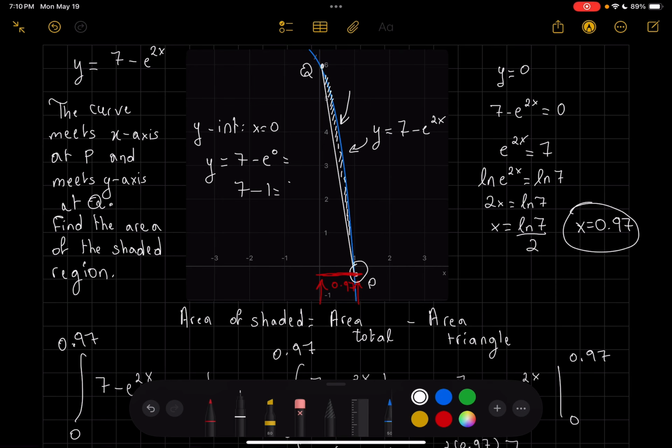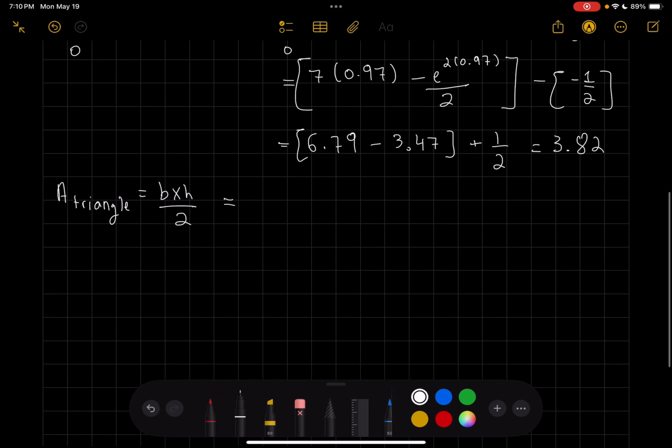So 7 minus 1, which is 6. So this is exactly equal to 6 units. So the height is 6 units. That means the area is 0.97 times 6 divided by 2, which is 2.91.